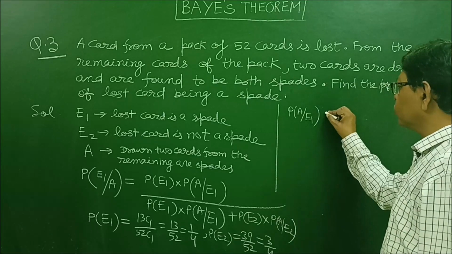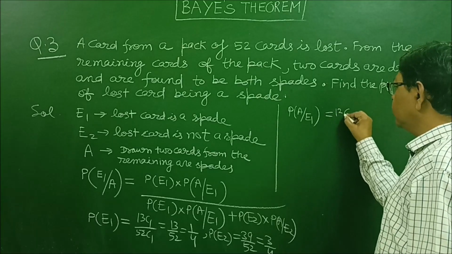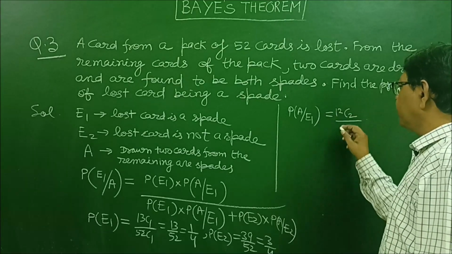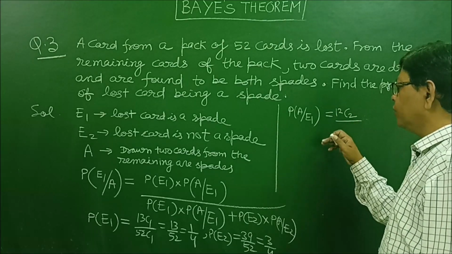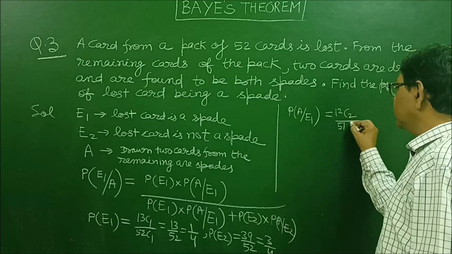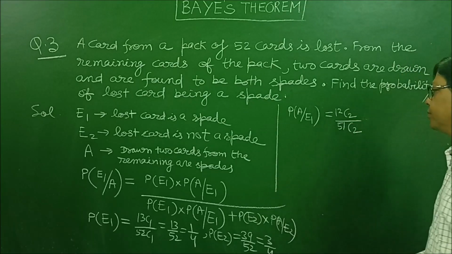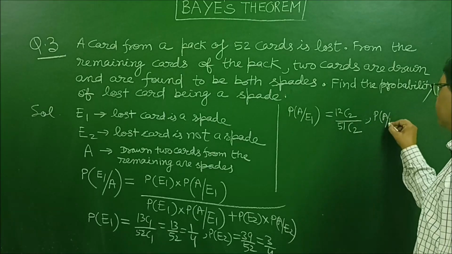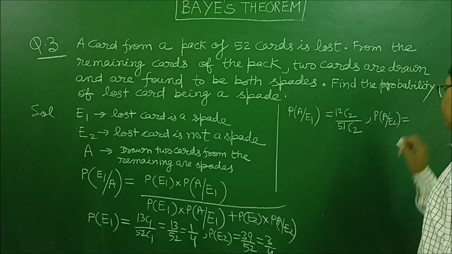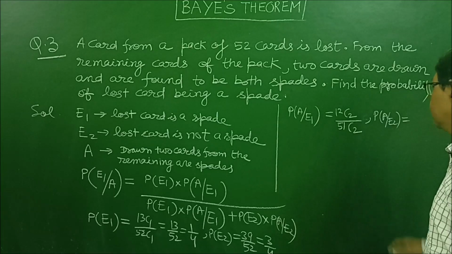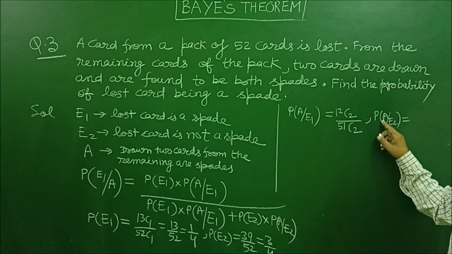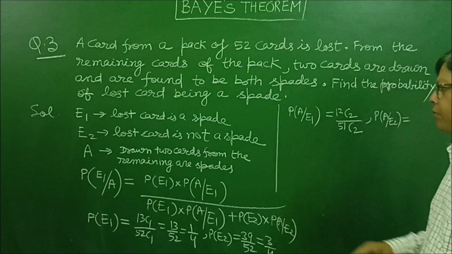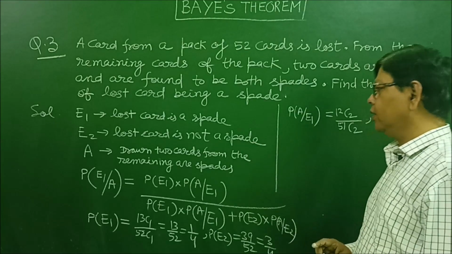So out of those 12 cards you need to select any two, and out of 51 cards you need to select any two cards. Similarly, for probability of A given E2, E2 has happened, the lost card is not a spade.